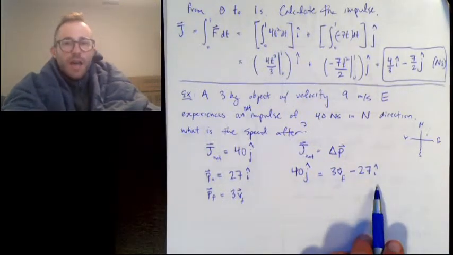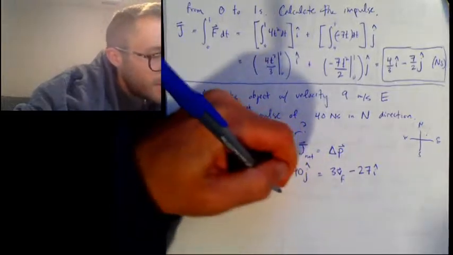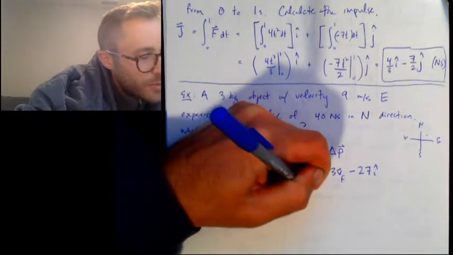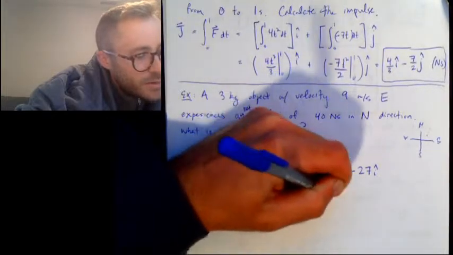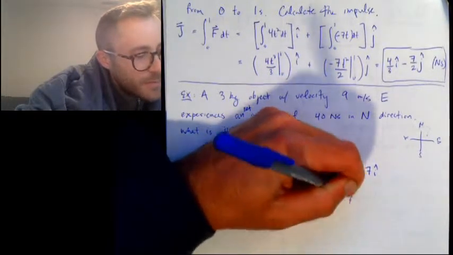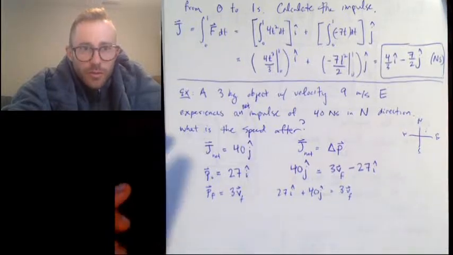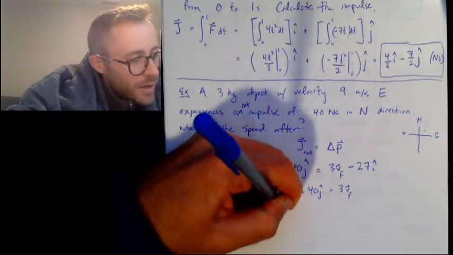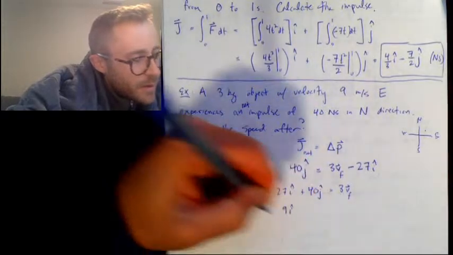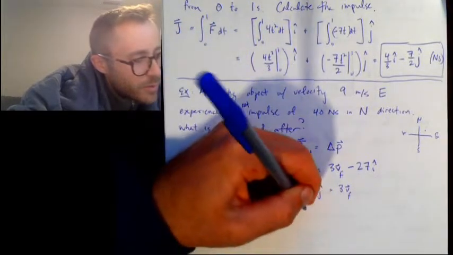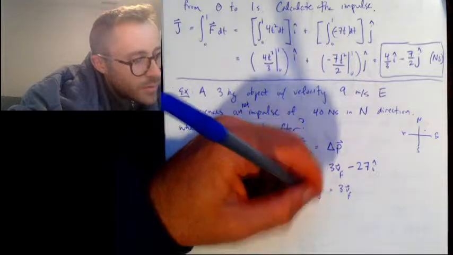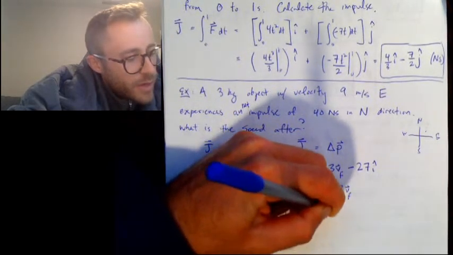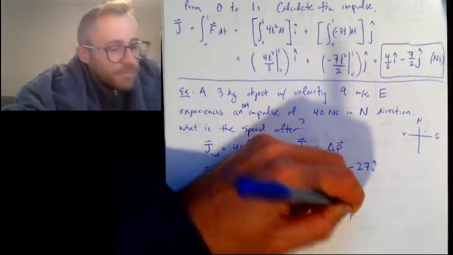So now I add this over to the other side, and I have 27i plus 40j is 3 v final. Then I divide both sides of this equation by 3. So I get 9i plus 13.3j. 40 over 3 is 13.3. So that's our final velocity.